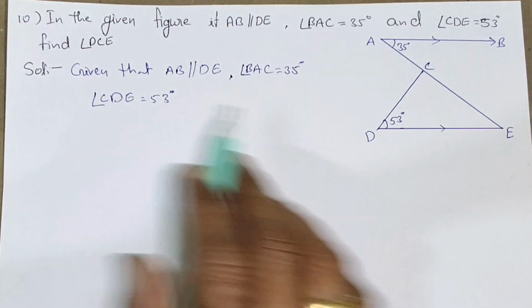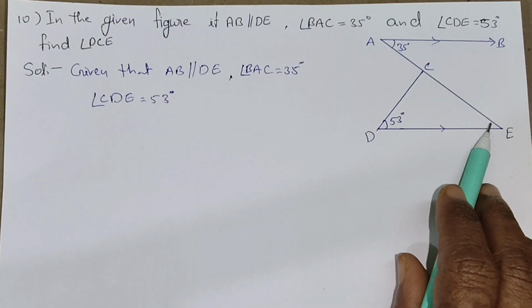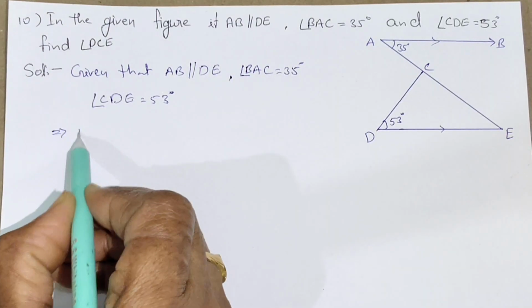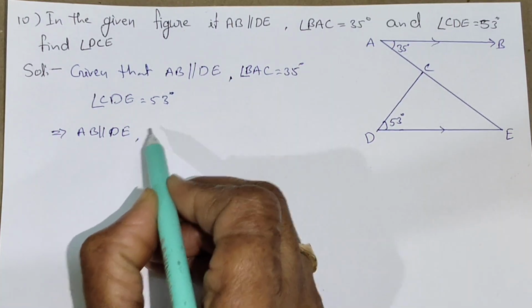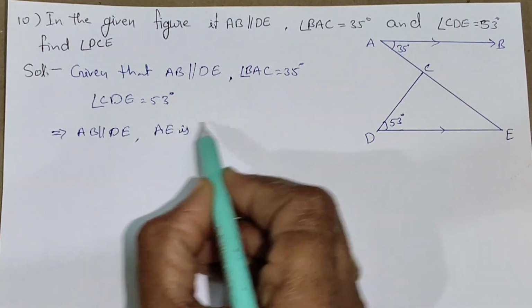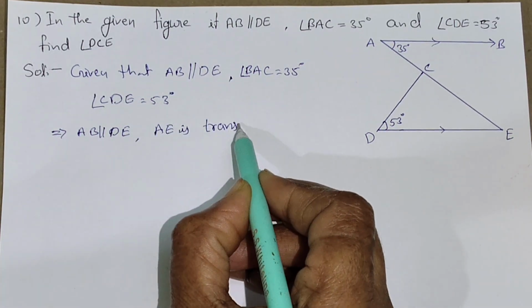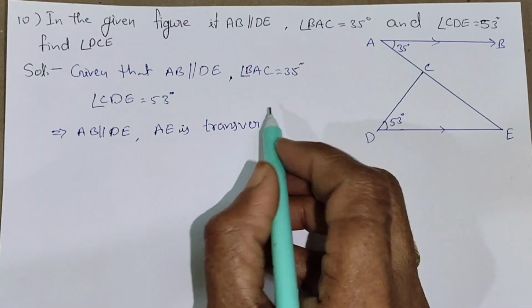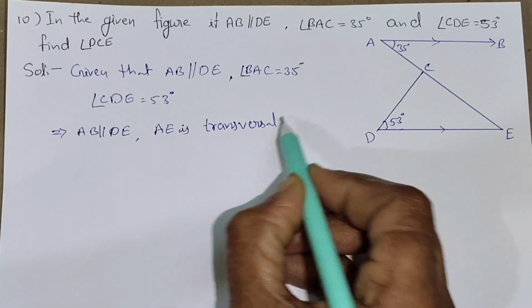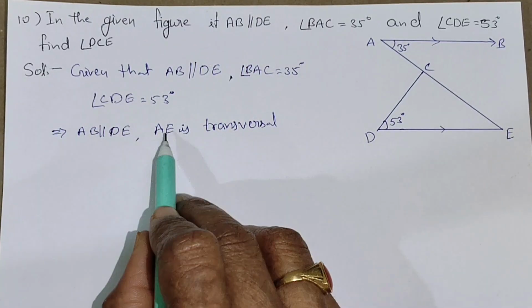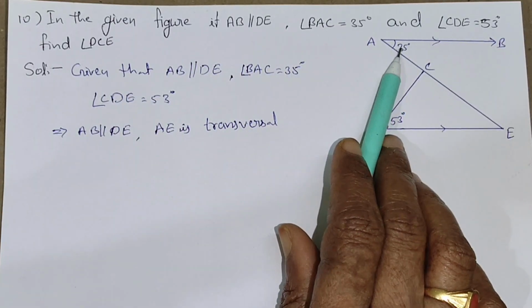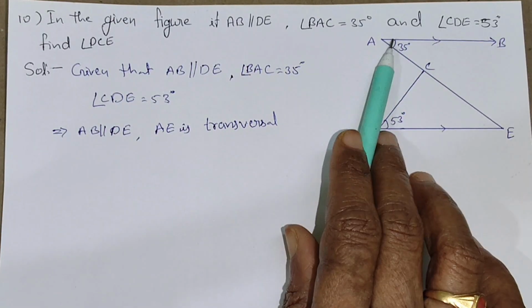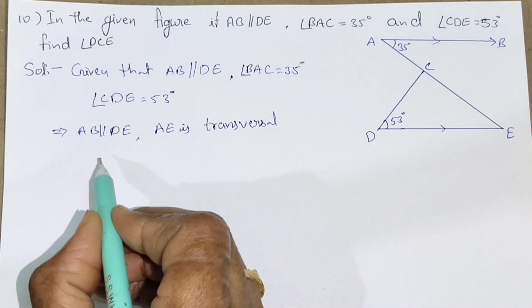So first we find this angle E. Here AB is parallel to DE, and AE is a transversal. Now angle A and angle E are equal.